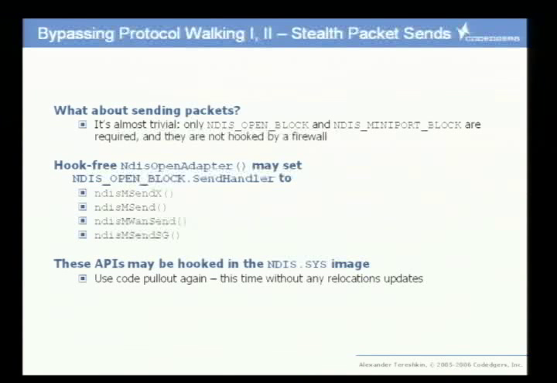By the way, these APIs may be hooked in this image, so it's a good idea to use code pullout again. But we may not change any relocations because we will use the original code.